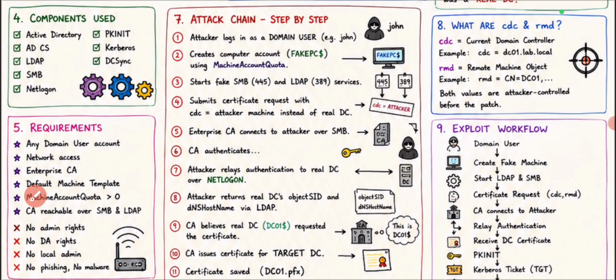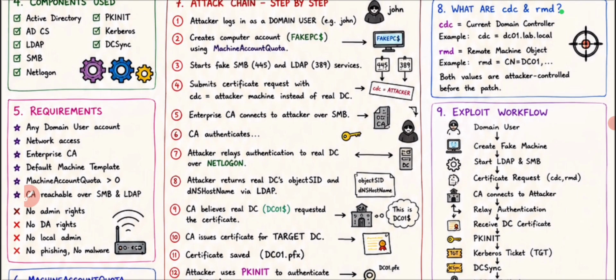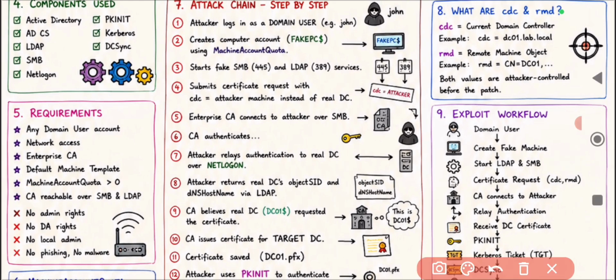So the attack chain, step by step, is the most important point which we need to understand. What are the different attack chain steps from 1st to 12th? One: the attacker logs in as a domain user. Then create a computer account, fake PC, using MachineAccountQuota.